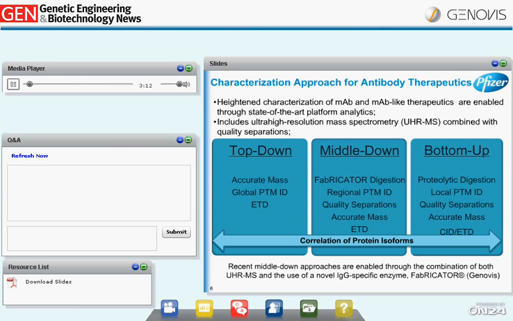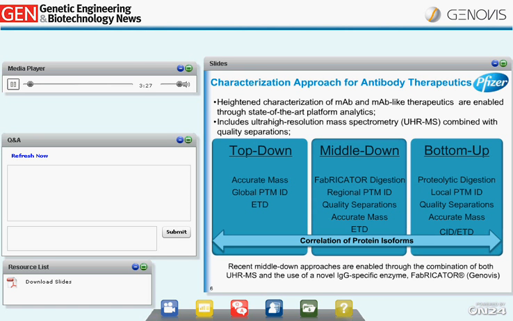So the characterization approach for antibody therapeutics can be categorized in three segments: a top-down proteomics approach, a middle-down, and a bottom-up.